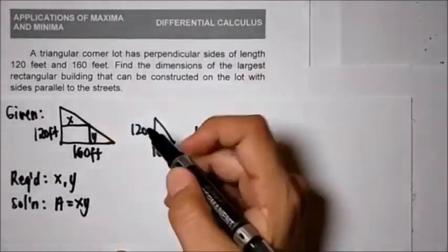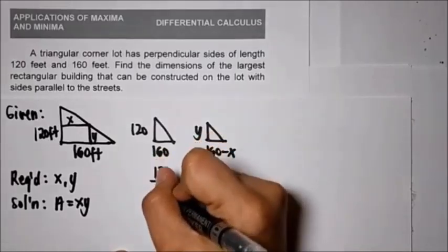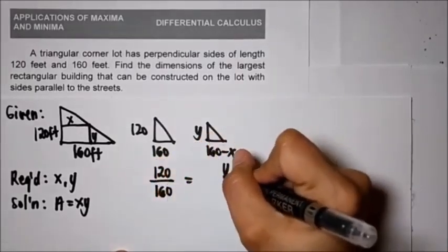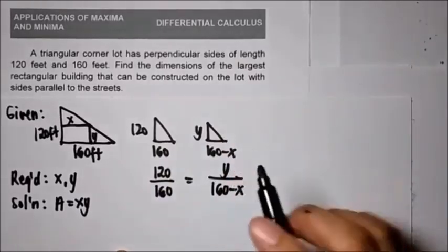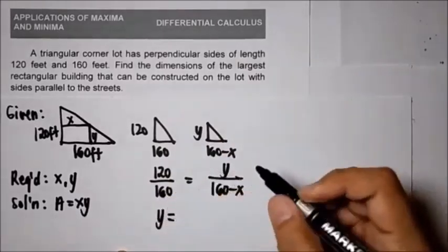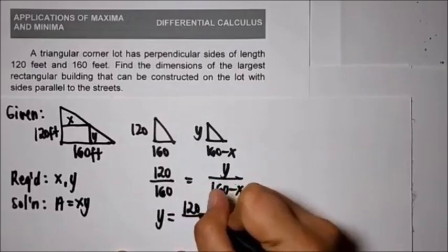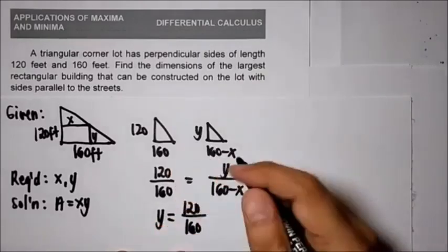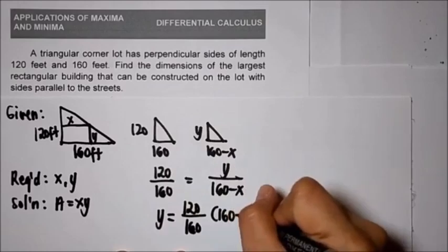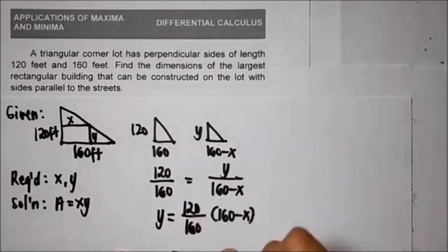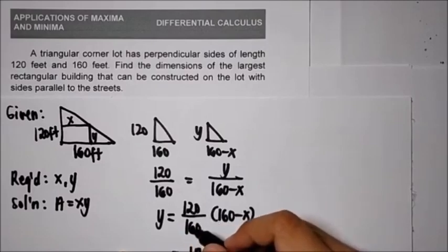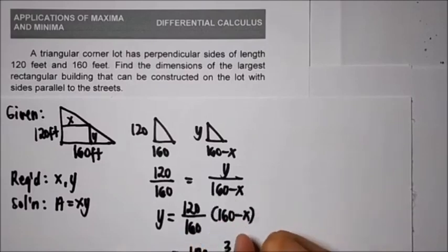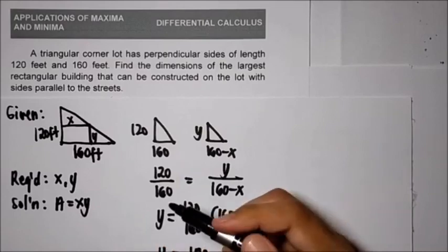By using ratio and proportion, we have 120 over 160 equal to y over 160 minus x. We can solve for the value of y. y is equal to 120 over 160 times 160 minus x, which is 120 minus 120 over 160 x, so that would be 3 over 4 x. So that is now the value of y.